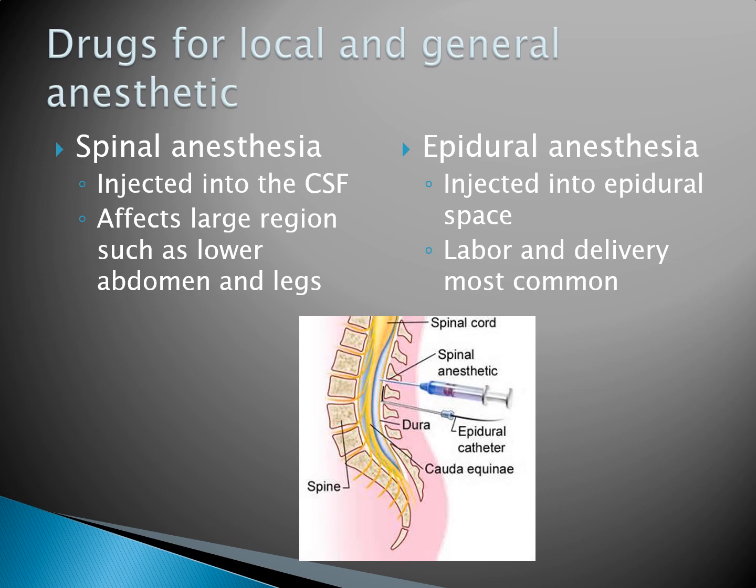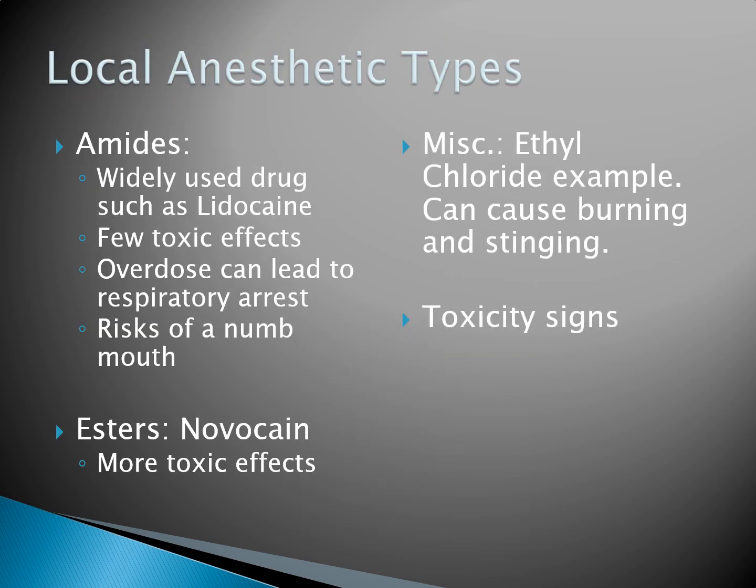The epidural anesthesia, again, I also used this example during labor, but this would be more of an example of pain control during the laboring process. So the local anesthetic types are classified by their chemical structures, and there's two main groups: your amides and your esters.